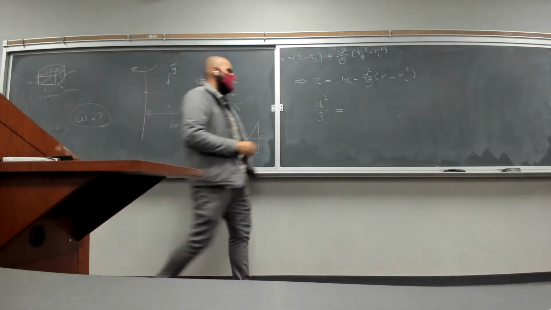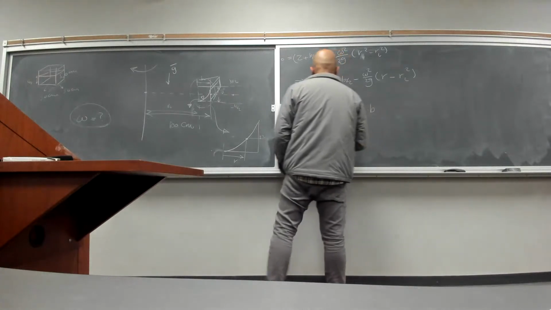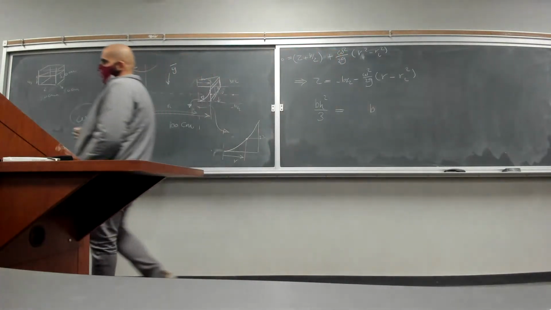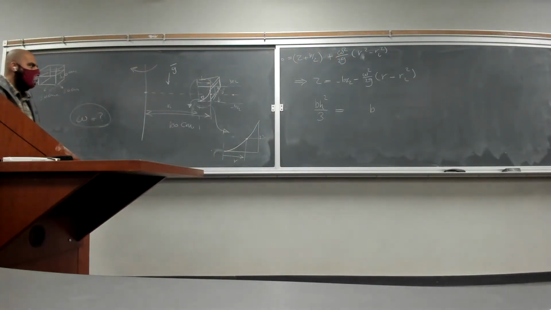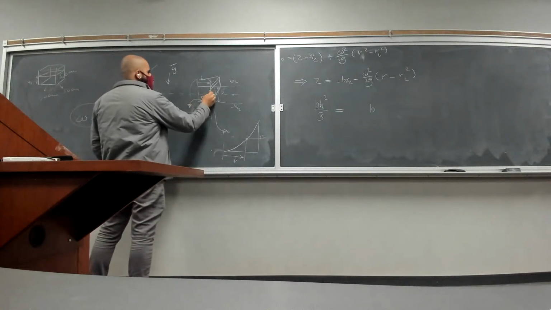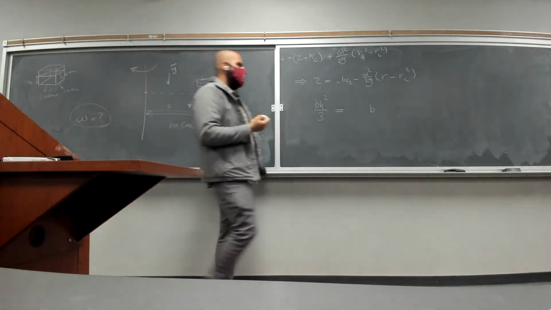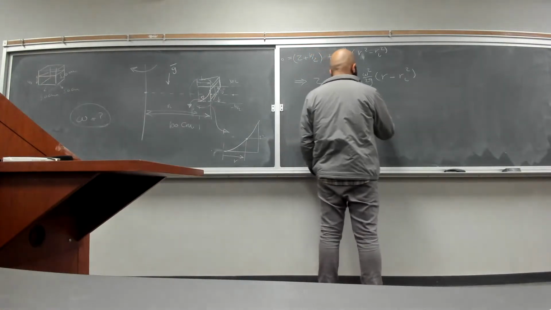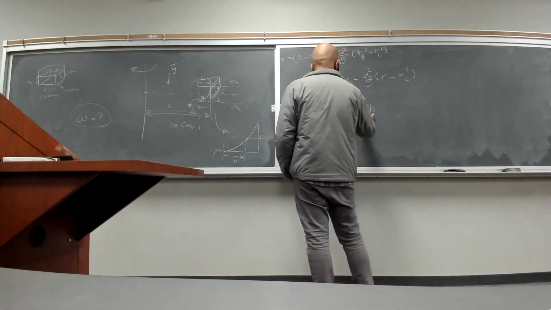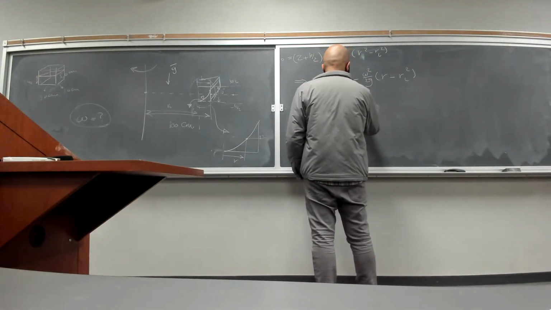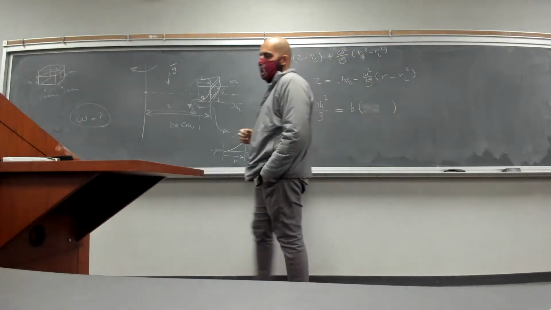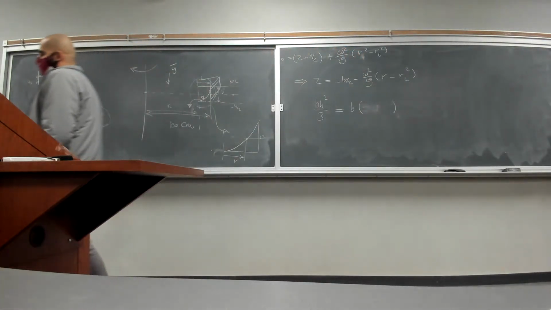Let's call that B. That B will be there. And then Z and R are changing. We don't know them, right? So let's say B multiplied by a combination of Z and R.